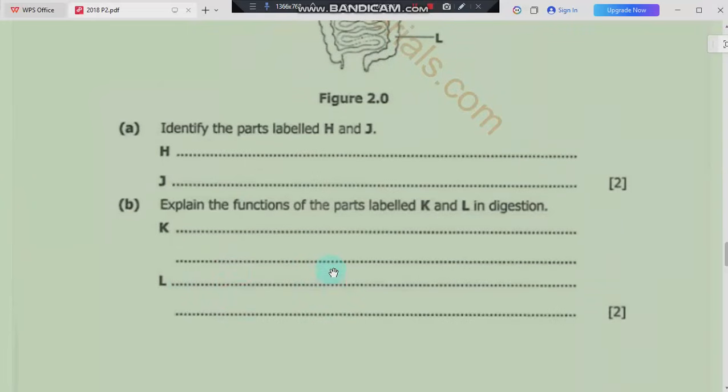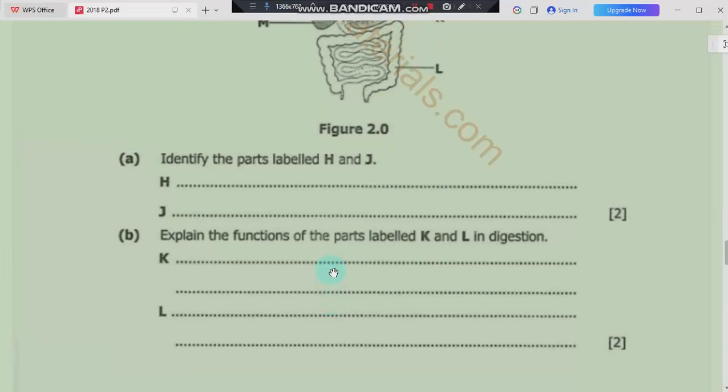We know part L is our large intestine. When food is undigested in the body, it is usually stored here in the large intestine. The large intestine is responsible for the reabsorption of water as well as the undigested food products.